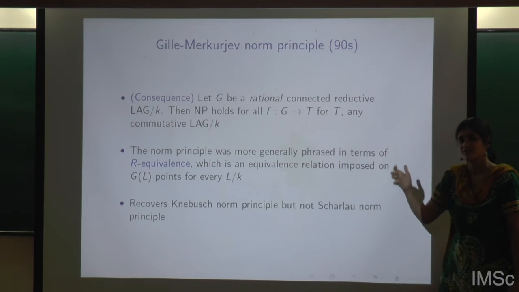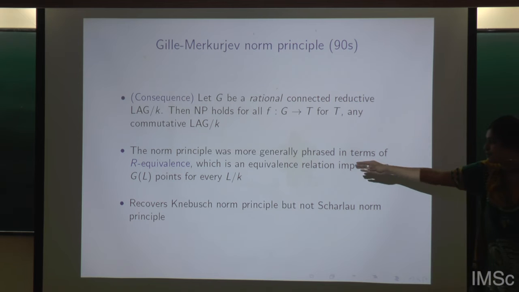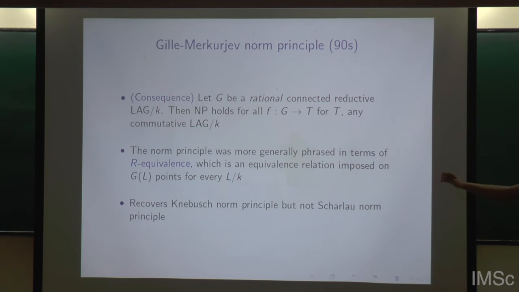As long as G is rational, you have the norm principle. And of course they phrased it more in terms of R-equivalence, an equivalence relation on every L-points level, but let me not get into that. But I want to point out that this recovers Knebusch, it doesn't recover Charlot, this generalized version of the norm principle. This happened in the 90s.